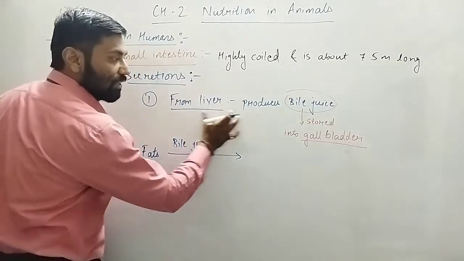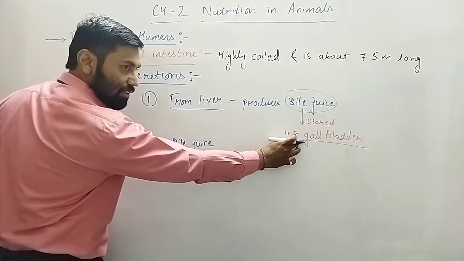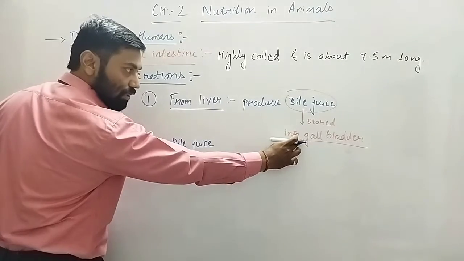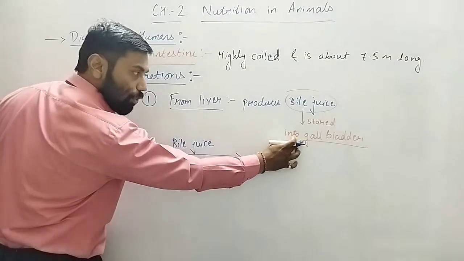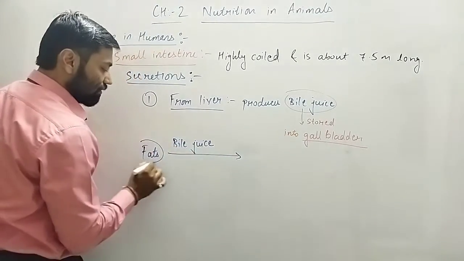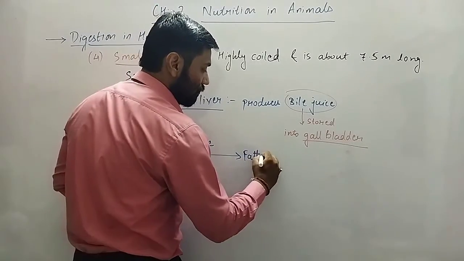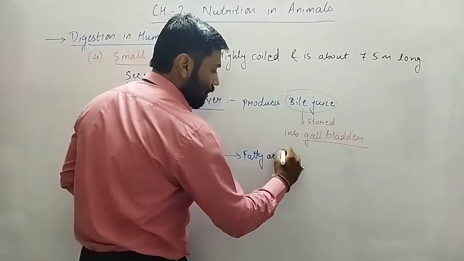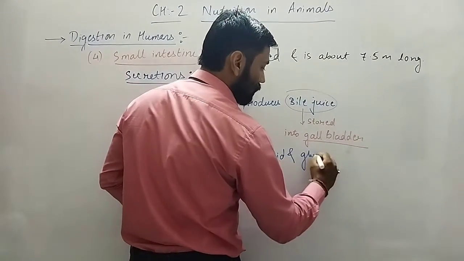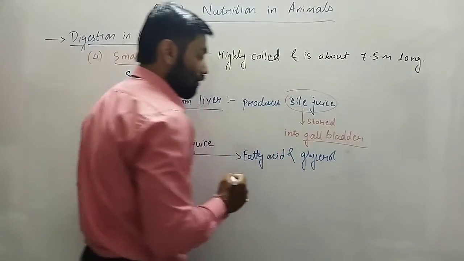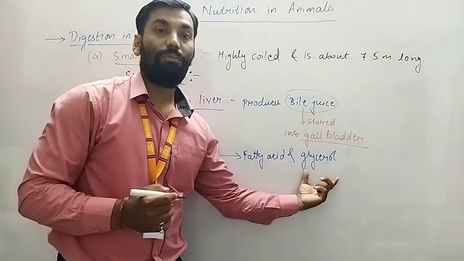It is produced by the liver, stored in the gallbladder, and secreted from the gallbladder, and it converts fats into fatty acids and glycerol. Right? So these are the simplest form of fat.